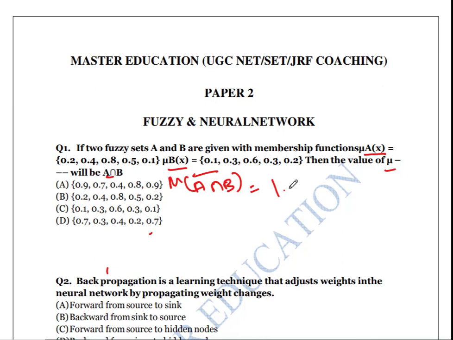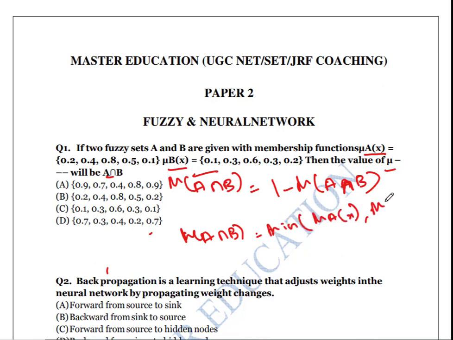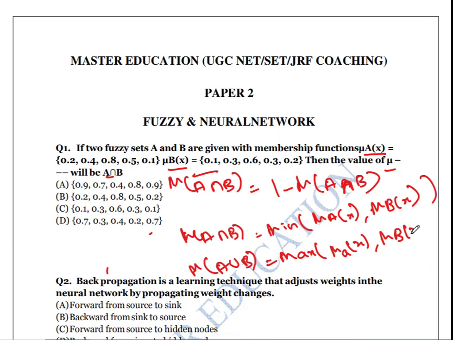The formula is 1 minus mu of A intersection B. Mu of A intersection B is the minimum of mu of A(x) comma mu of B(x). Similarly, mu of A union B is the max of mu of A(x) comma mu of B(x). So this is intersection, this is union, we have to remember this.